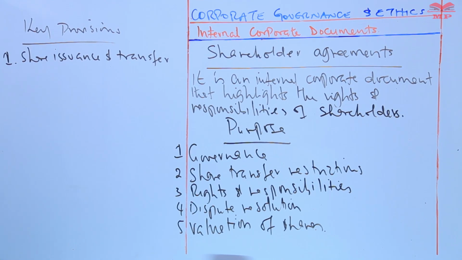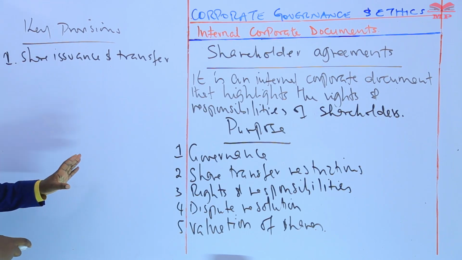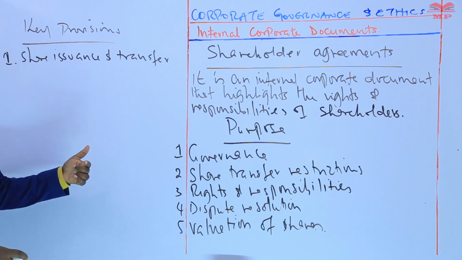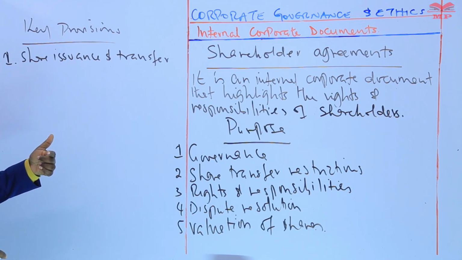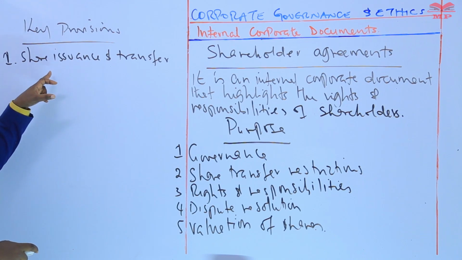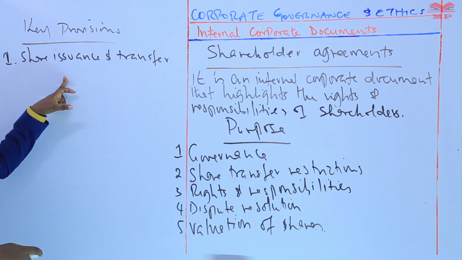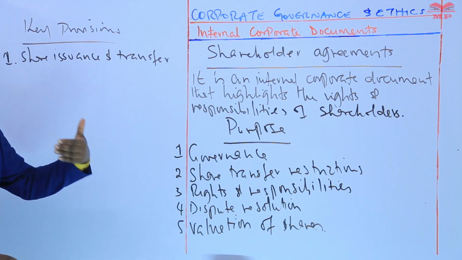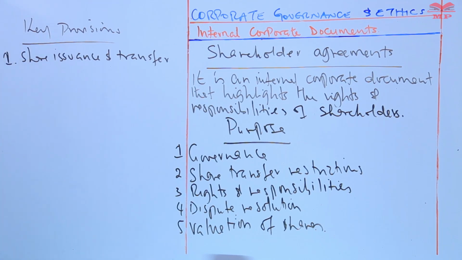These are rules governing the issuance of new shares and the transfer of existing shares. That is one key provision of shareholder agreements. Rules governing the issuance of new shares and also rules governing the transfer of existing shares.